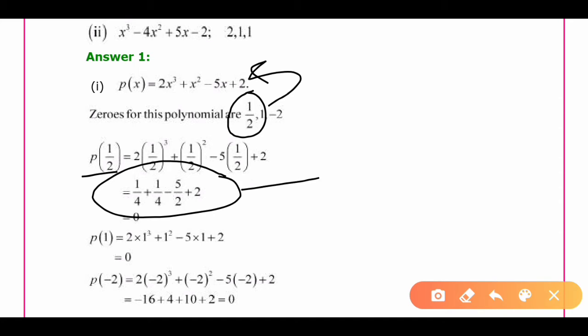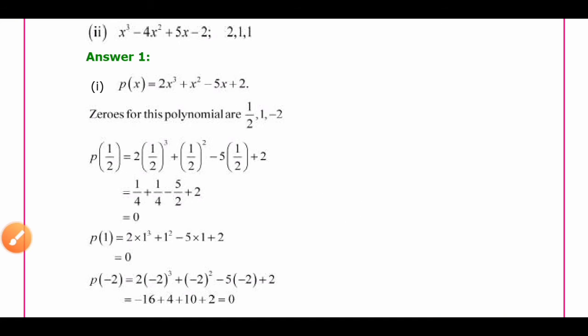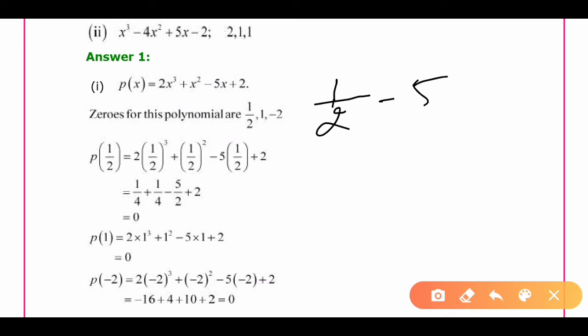Now solving this, we'll get 2 upon 4 plus minus 5 by 2 plus 2, and this value will be equal to 1 by 2. Clear? Again solving this, we will get 1 by 2 minus 5 by 2 plus 2. Now we'll take LCM for these two quantities.